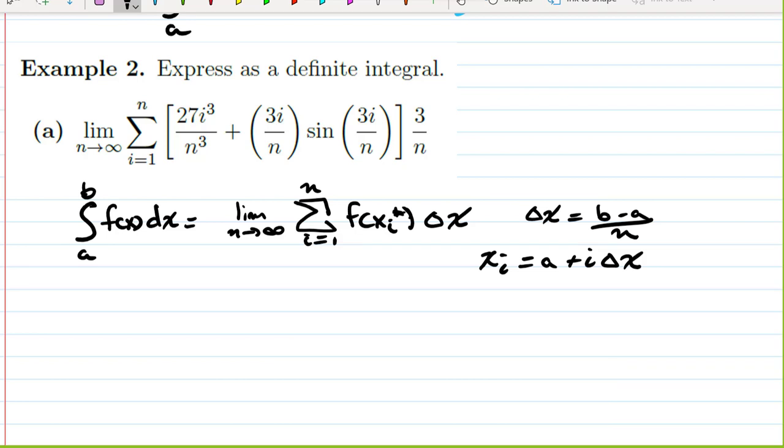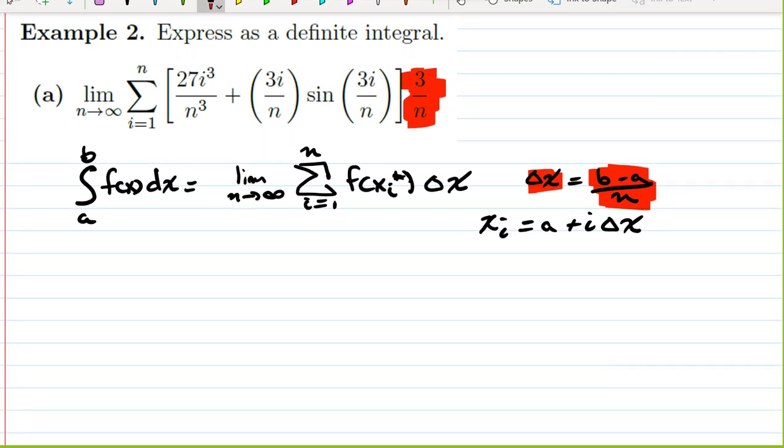So the first thing we want to identify is the fact that we know our delta x is going to be this part, so that's our b minus a over n. So equating those two things, if we have 3 over n has to equal b minus a over n, what does that tell us about b and a?